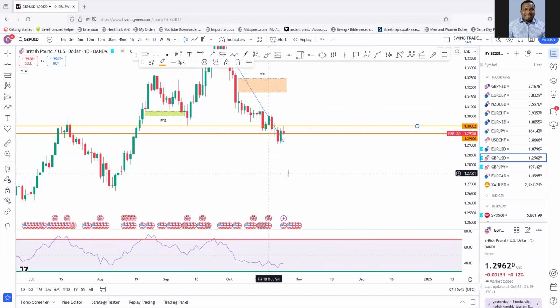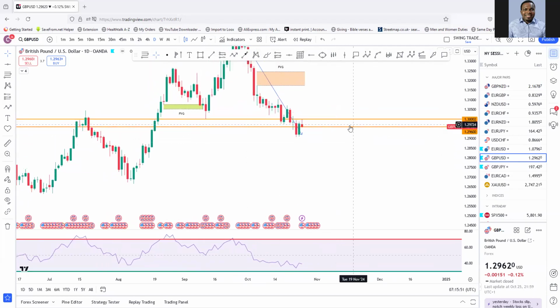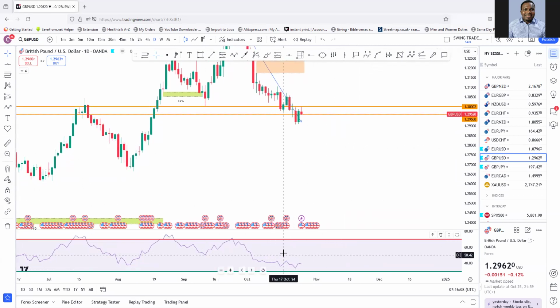There is a reason I'm marking these areas on a daily time frame, so I want you to pay attention to this. We have these two levels as support and resistance, which is where the price is currently sitting. Now, if you check the RSI that I put here on the daily time frame, it shows that we are trading below the 50 point.